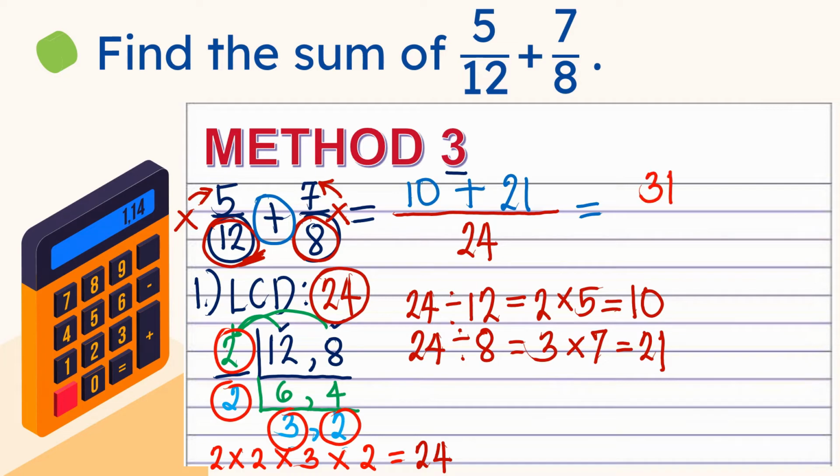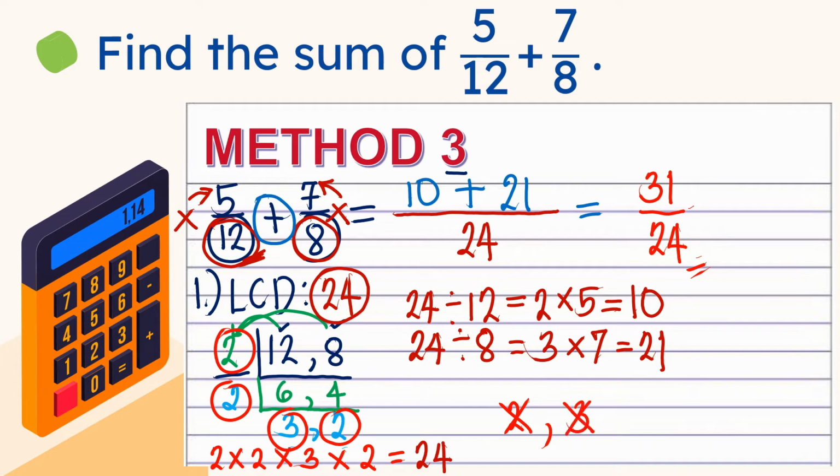31 out of 24. Okay? Now, try to look at your answer. Do you think it is already your final answer? Check natin. Pwede bang makapag-divide sa 31 at 24 ng 2? Hindi pwede. Pwede ba kayang makapag-divide sa 31 at 24 ng 3?